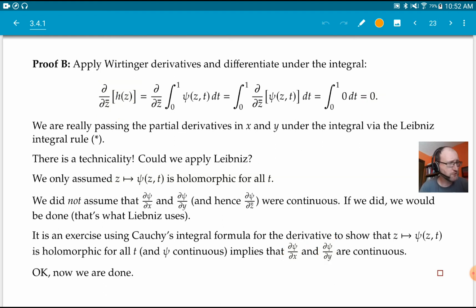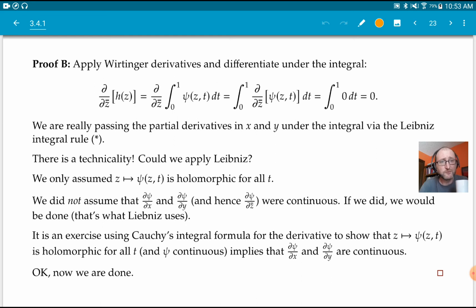So it's a bit more subtle. If you assume a little bit more, it would be less subtle. So, for example, if the function under the integral is C1, like it was when we did this for the Cauchy integral, we didn't need to work with this level of generality.